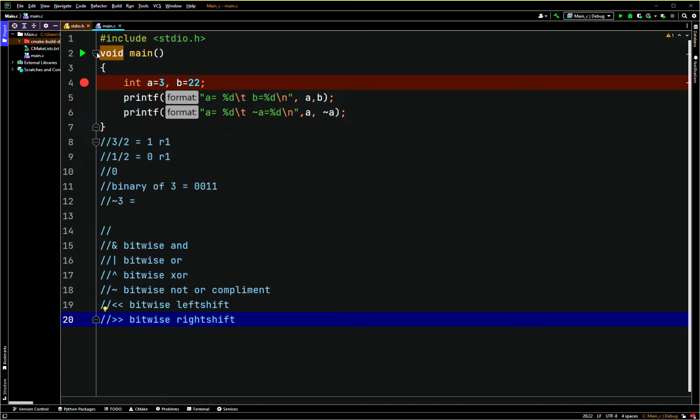Okay, so how do we do the bitwise, what's it called? Bitwise not. So the way to do bitwise not is a little confusing. It's not like your standard 2's complement, if you guys know what that is.